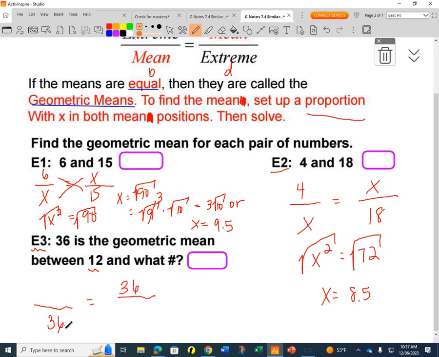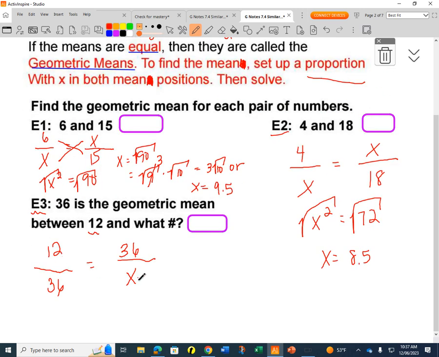The 36 is the mean of this geometric mean relationship, and so that value is in the denominator here and the numerator here. 12 is the other given number, and what we don't know is the other extreme. I could put the x there and the 12 there, it does not matter. We're going to cross multiply.